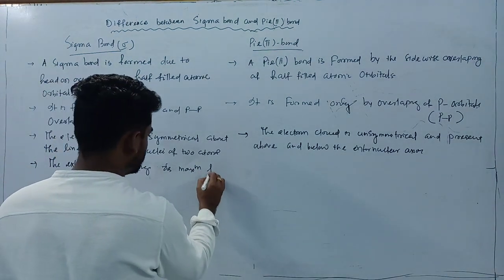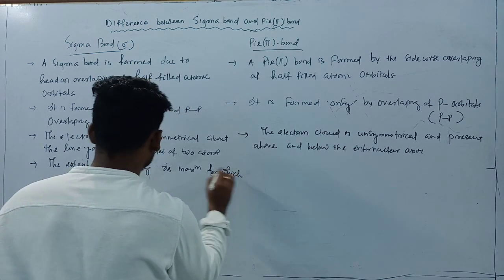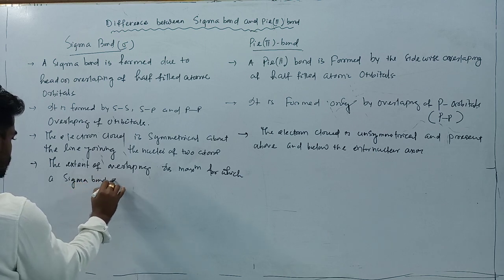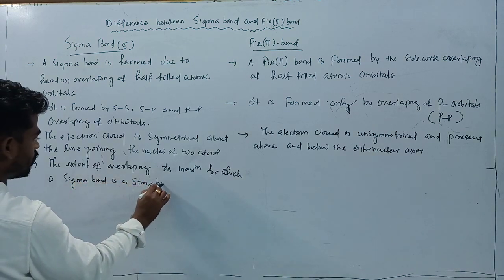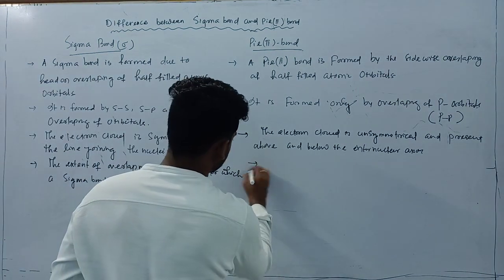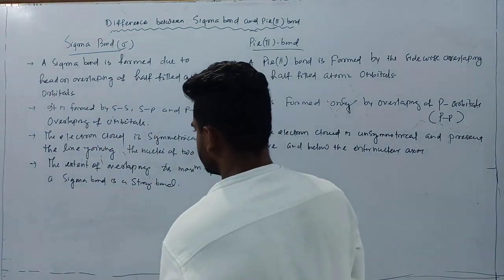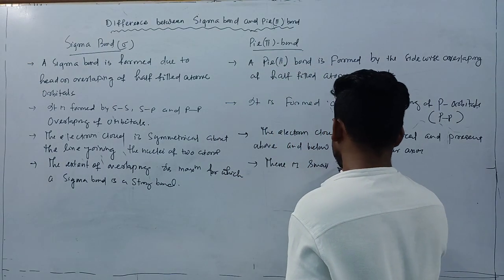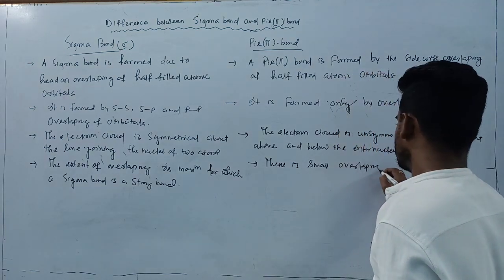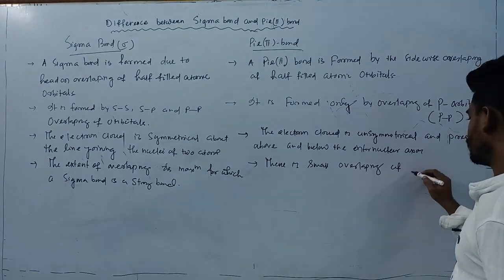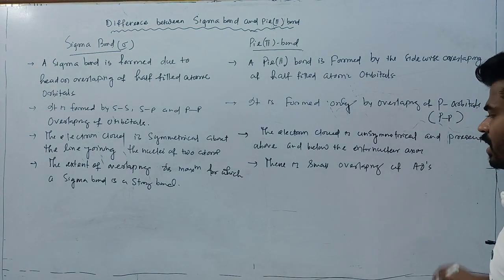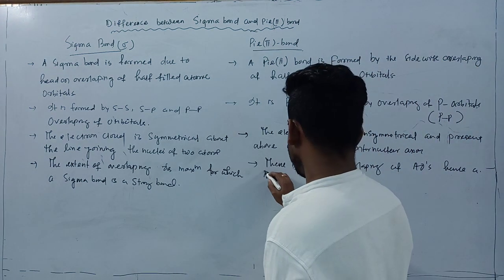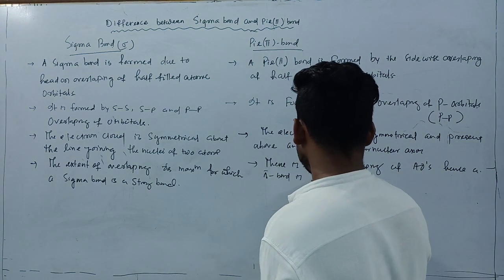Okay, a sigma bond is a strong bond, you can say. Is that clear? So here it is opposite. You can consider there is small overlapping of atomic orbitals, hence a pi bond is a weak bond.